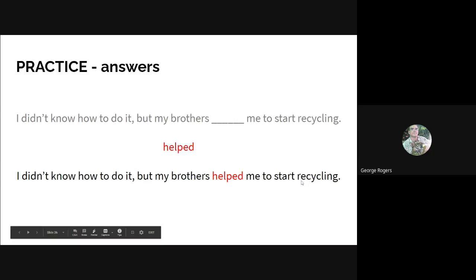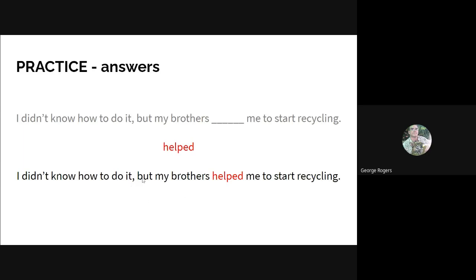Next. I didn't know how to do it, but my brother helped me to start recycling. Again, I didn't know, didn't is past, so that's kind of where the ED is necessary. So we have to start, since we had the two that only really was "help" or "got."